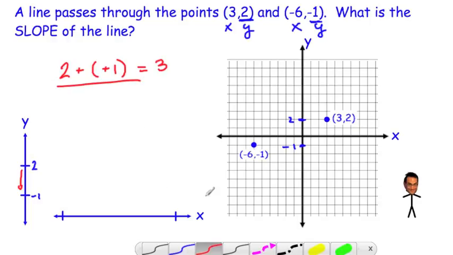Okay? And let's take x, which is 3, and put it here. And then let's take this x, which is negative 6, and put it here.